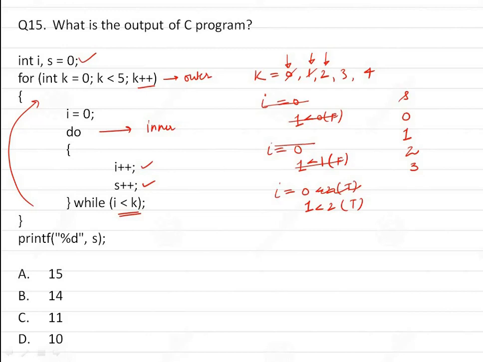Again this loop is executed, so I will become 2, s will become 4. 2 is less than 2, so this is false. So this completes this iteration, and the value of k becomes 3.